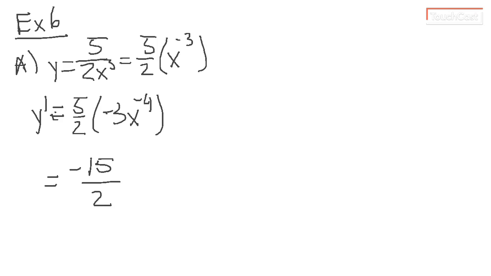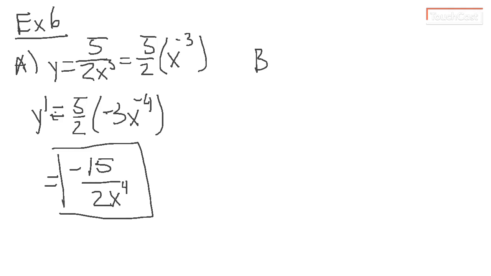And then if we bring that negative exponent with that x to the negative 4 where it's supposed to be, we're actually going to put the x in the denominator and rewrite the 4 as a positive 4. So the derivative of 5 over 2x to the 3 is going to be negative 15 over 2x to the 4. Seems a little strange, but using these theorems and rules we've talked about, it actually does make sense.